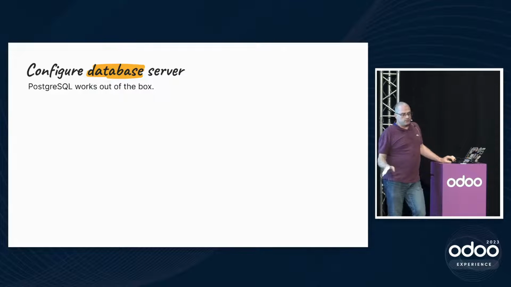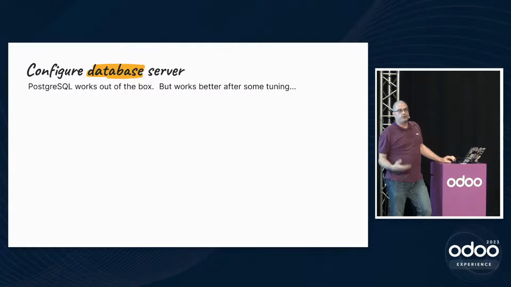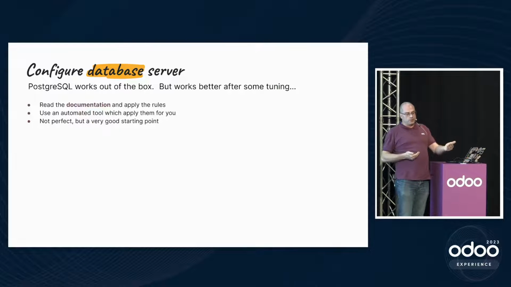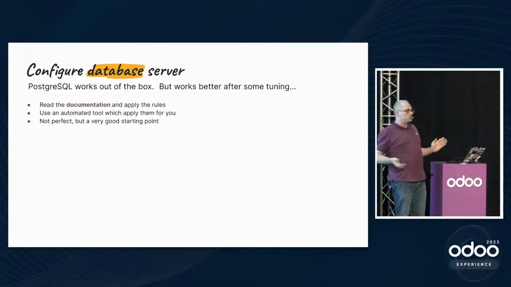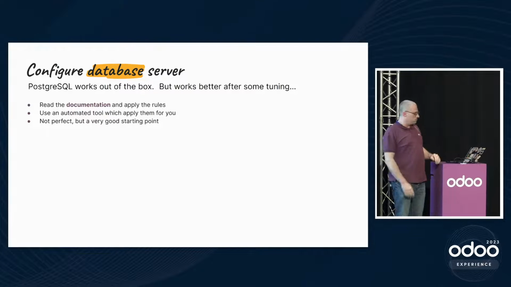PostgreSQL works out of the box. But if you tune it, it works better. If you don't know how to tune it, you can read the documentation and apply all the rules in the documentation. Or you can use an automated tool which will apply all those rules for you.